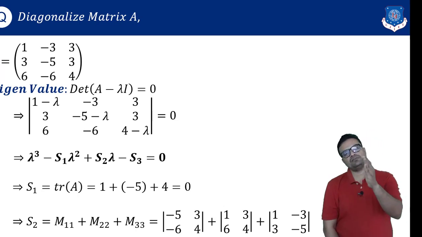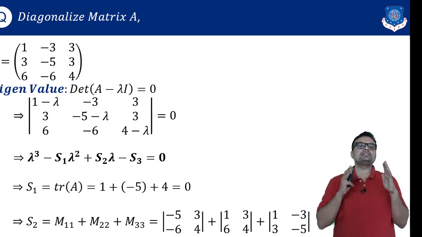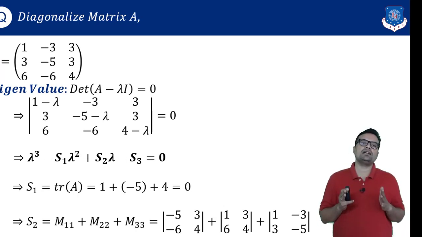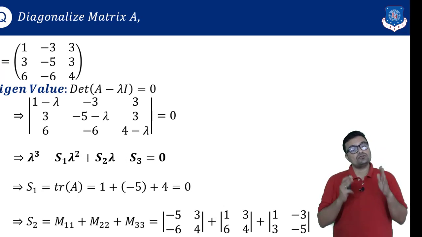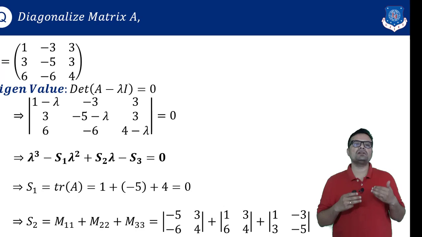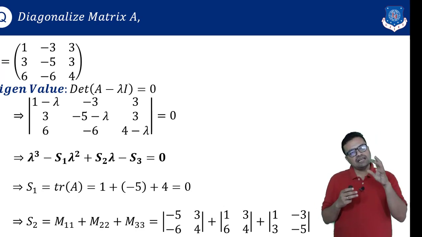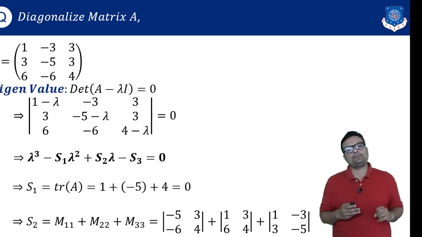So for that I am first of all finding the spectrum of A. I want to find eigenvalues using determinant of A minus lambda I equal to 0. It will give me one equation: lambda cube minus S1 lambda square plus S2 lambda minus S3 equal to 0.